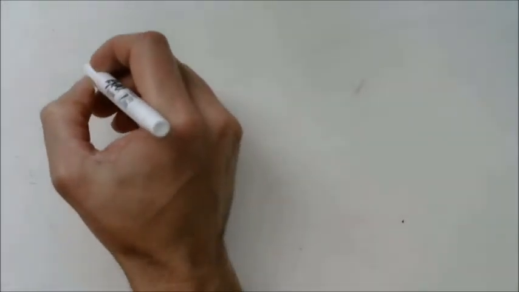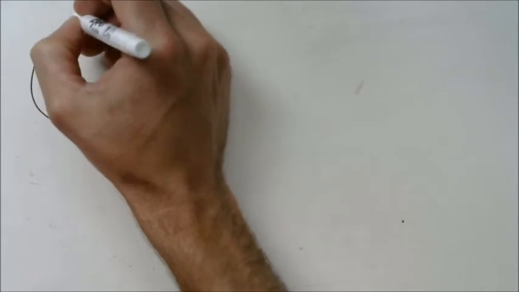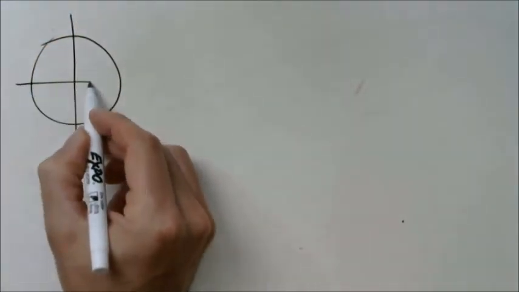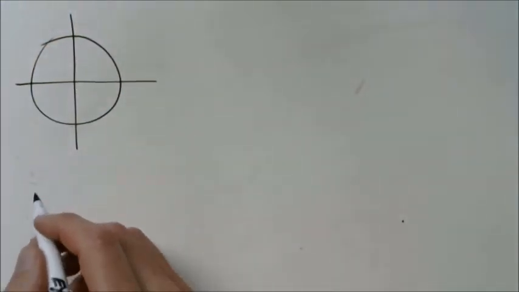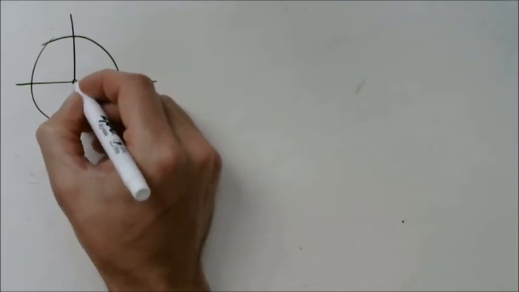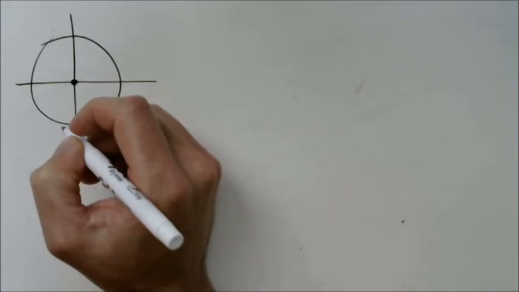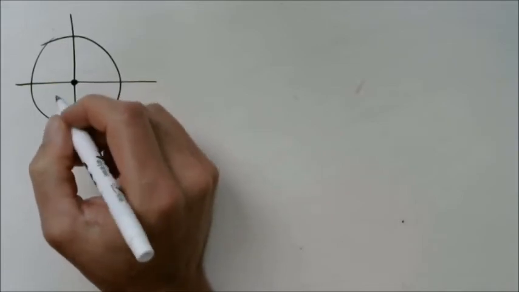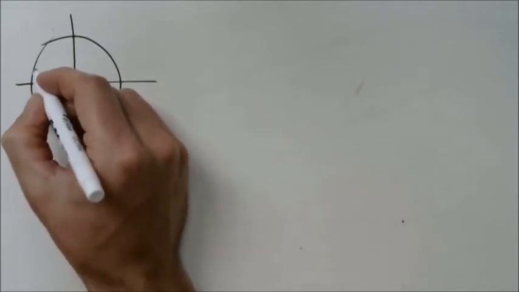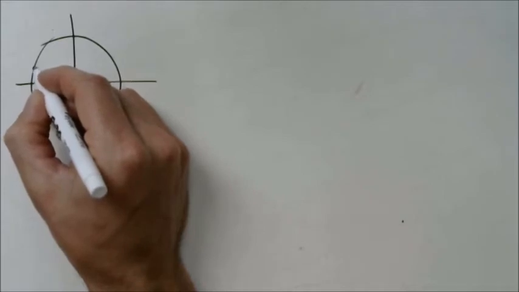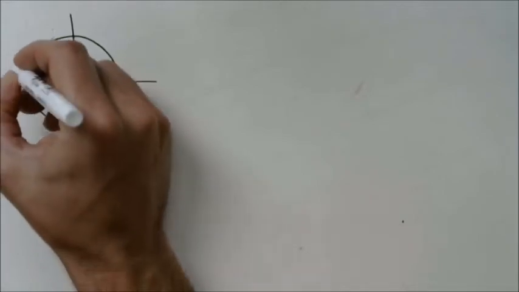Okay, so basically what we have here is a circle on a Cartesian grid. We have City Hall at the origin, and Ted's house at the point (-6, 2.5). So that probably looks something like that.